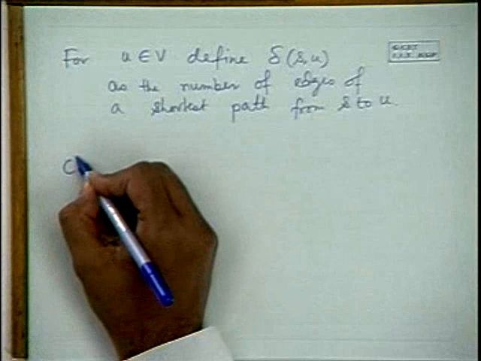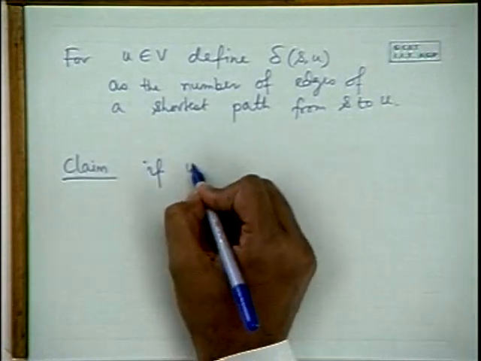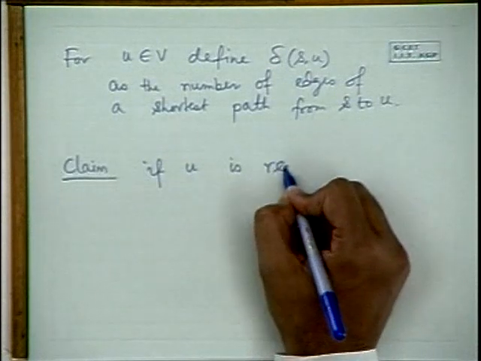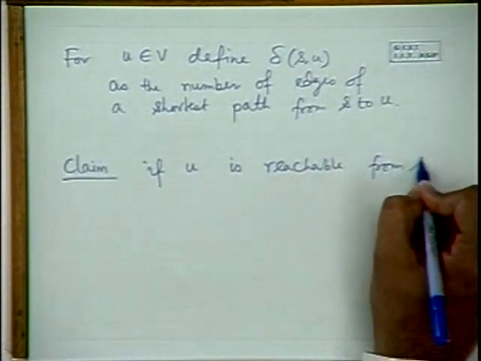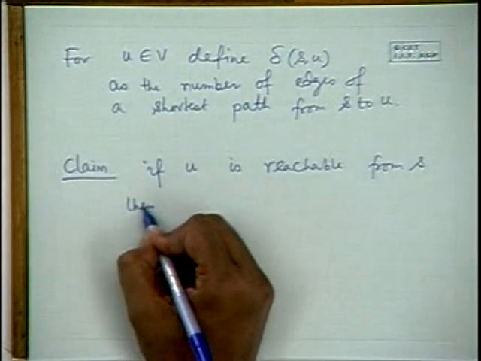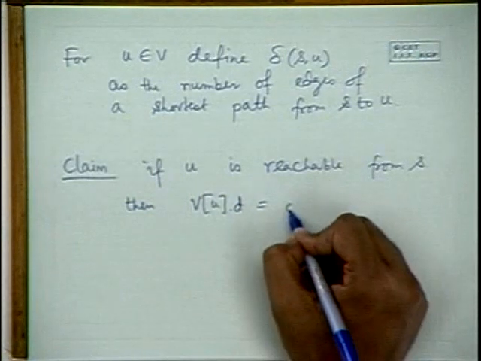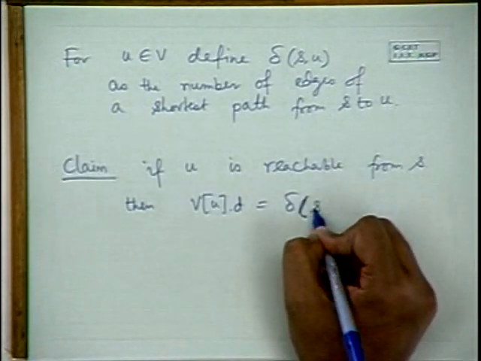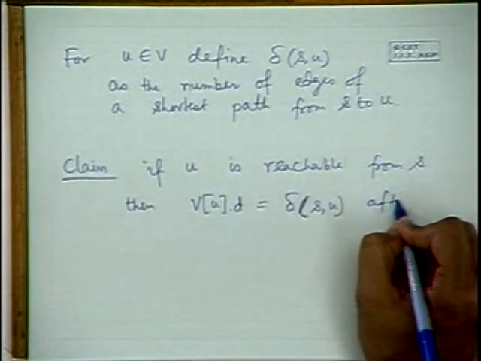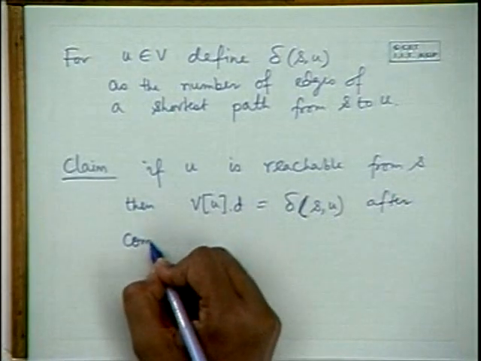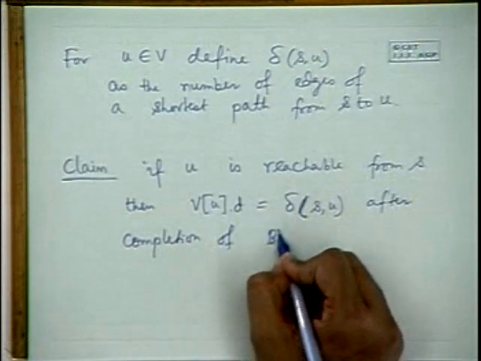So here is the claim: if u is reachable from s, then u.d is nothing but delta(s, u) after completion of BFS from s.